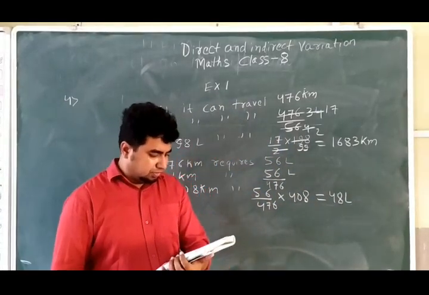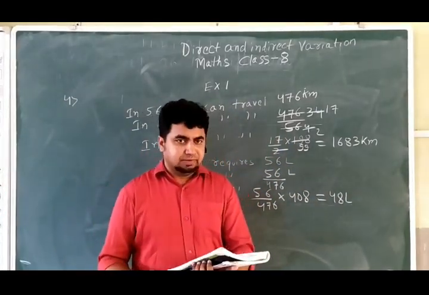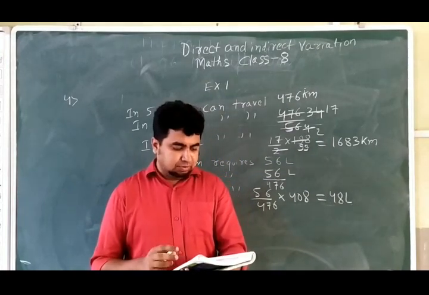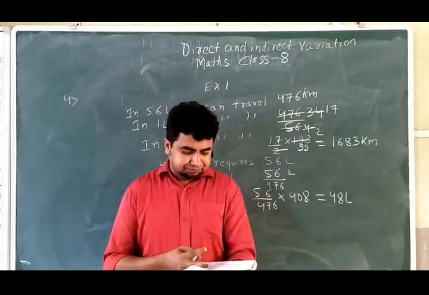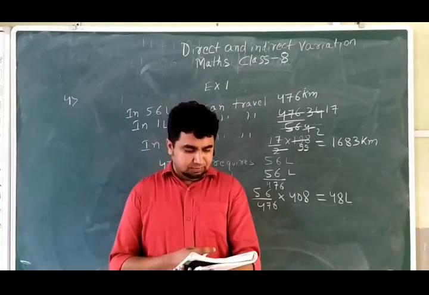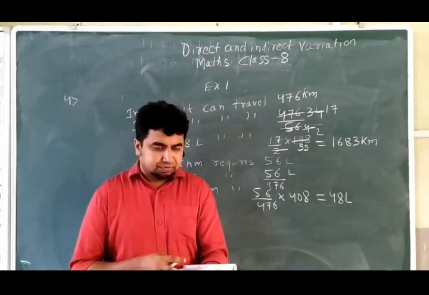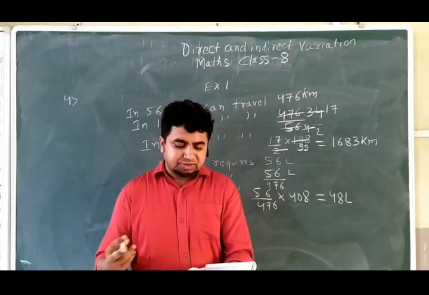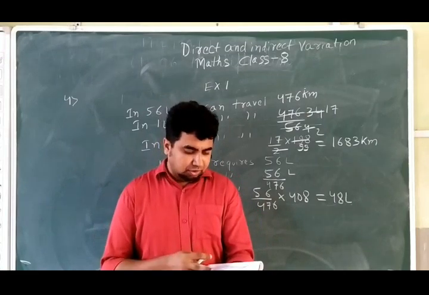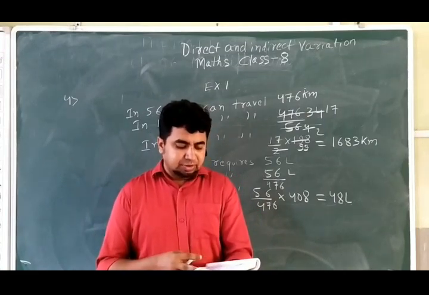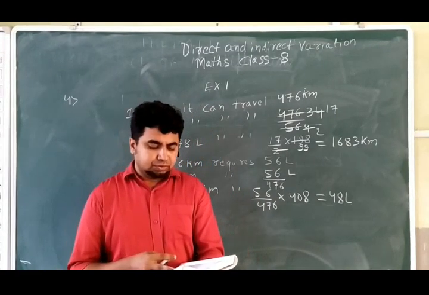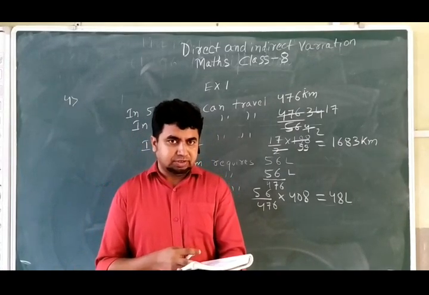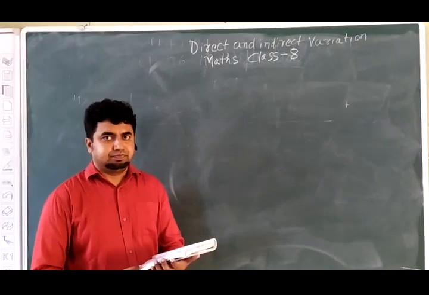So now we will be discussing question number 7. In question number 7, it has been given to us: a camp had enough food to last 50 days for 2,200 soldiers. After 17 days, some more soldiers joined the camp and the remaining food lasted for 20 days. Find the number of soldiers who joined the camp later.